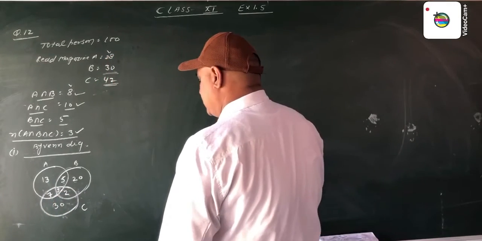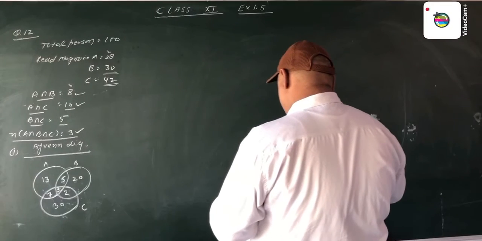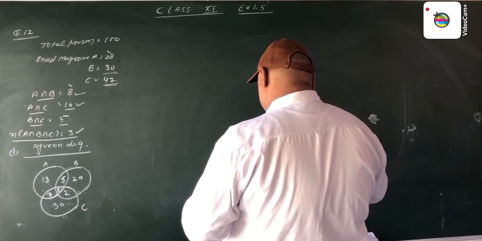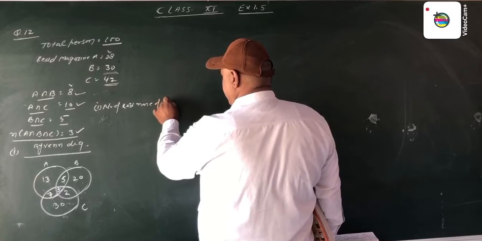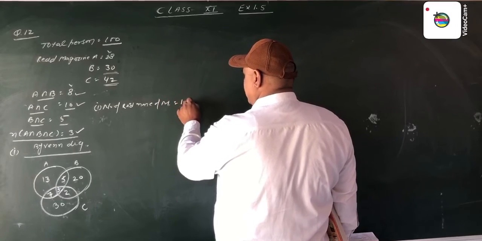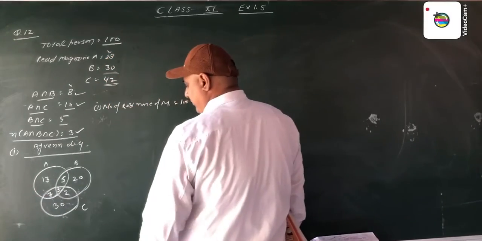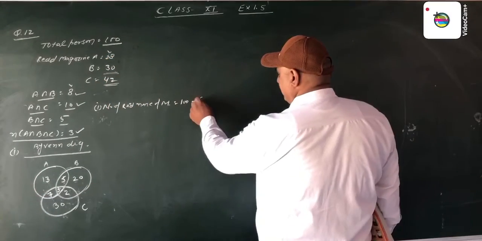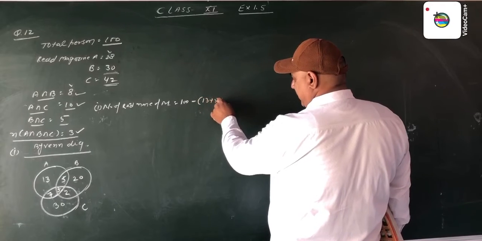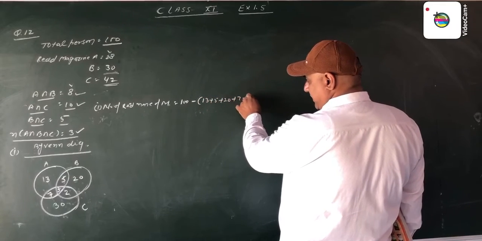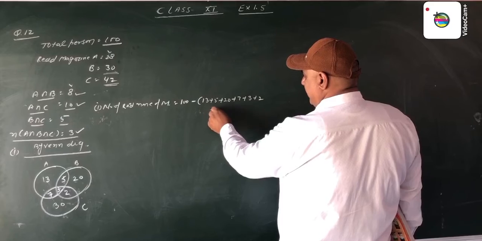Now we give the answers of the given questions. First, how many read none of these? Then 100 is the total. Now we add all these persons. We add 13 plus 5 plus 20 plus 7 plus 3 plus 2 and plus 30.